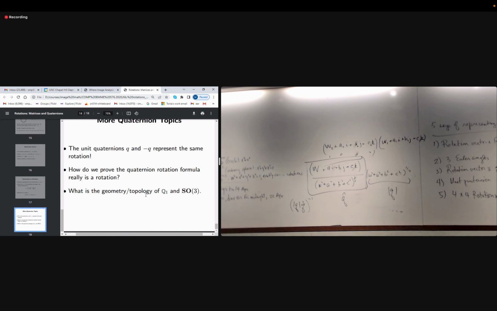Figure that out yourself, right? Minus q rotates by the opposite axis and by the opposite theta. Yep, same rotation.